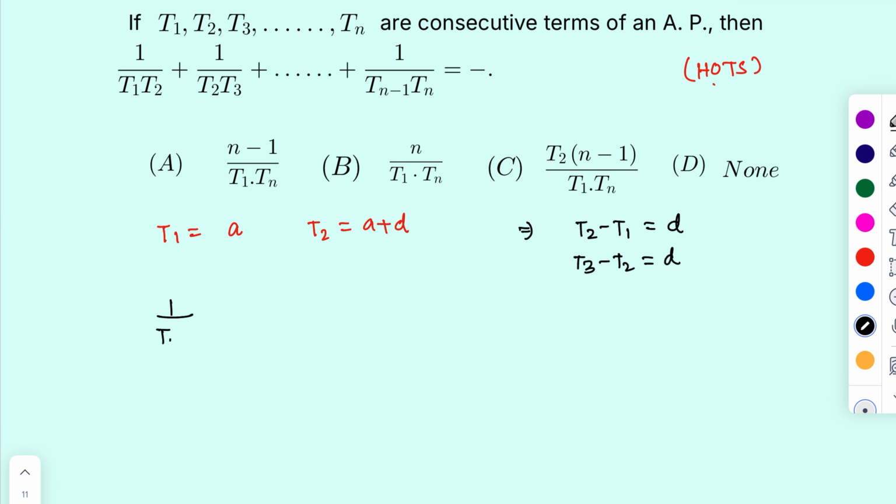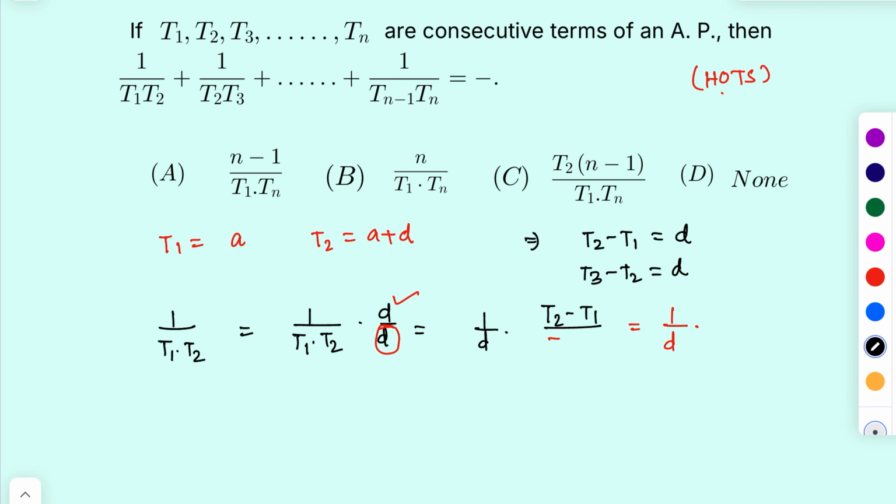Now suppose 1 by t1 into t2, we can write this as 1 by t1 into t2. So this can be written as 1 by d into (t2 by t1 into t2, minus t1 by t1 into t2).